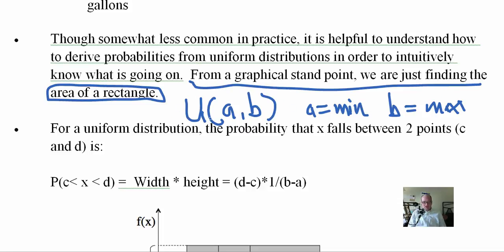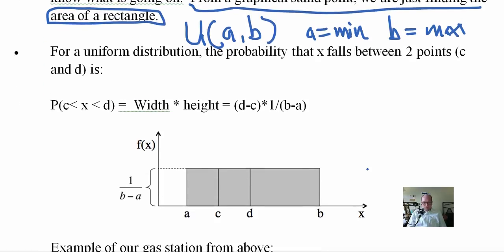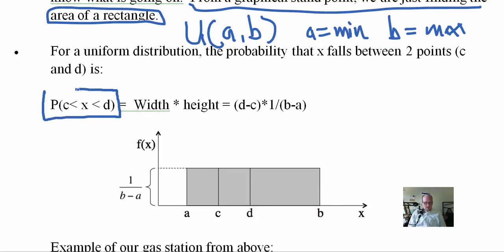We're going to use some shorthand on several of these distributions. If you see something like this, that means you can assume a uniform distribution between A and B. All right, let's talk about this again. Let's find this probability that x is between C and D. Well, that's really just this area right under here, between C and D. For uniform distributions, we assume that this whole area, all the possible sample space, from a probabilistic standpoint, equals 1.